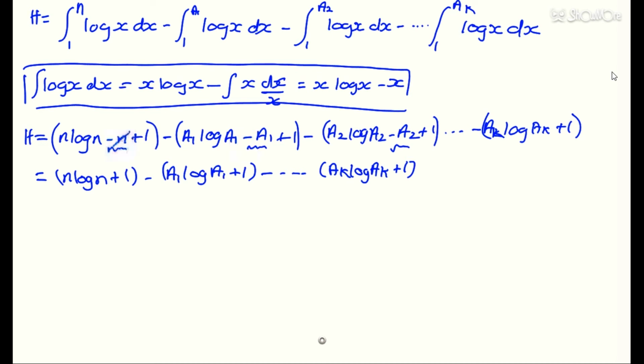Using these, these terms will cancel out. We are left with these terms.